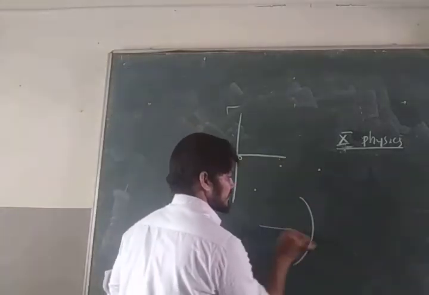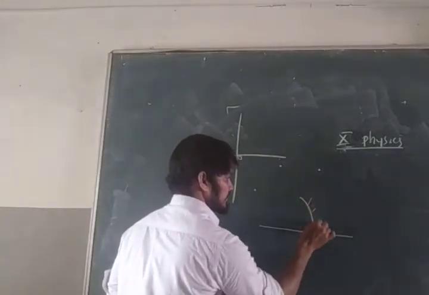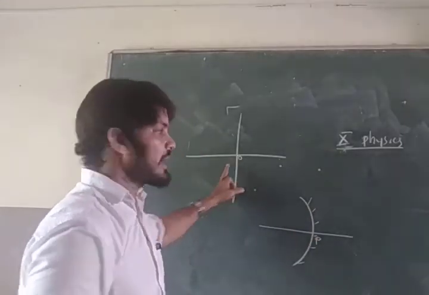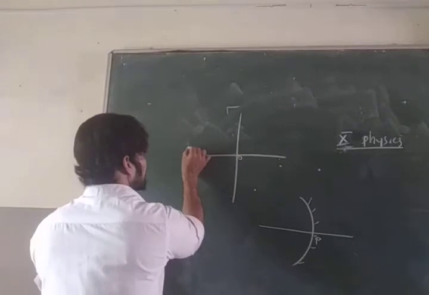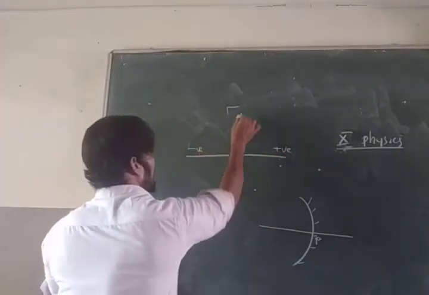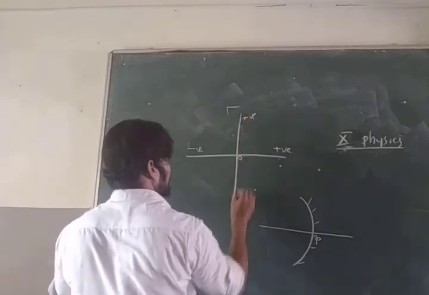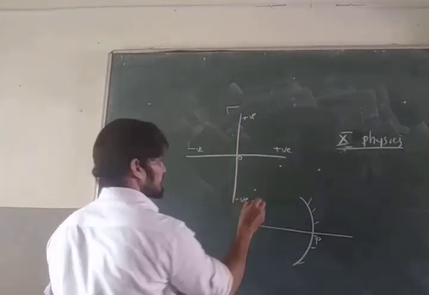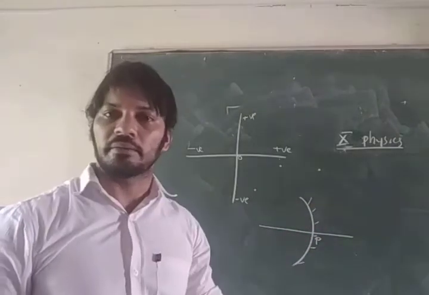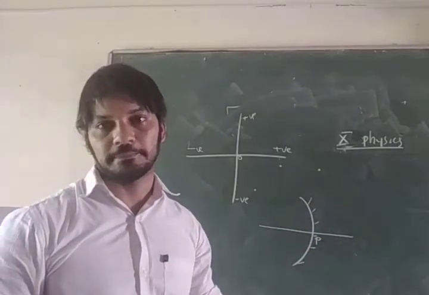The pole is the same as the origin; the left side is negative, the right side is positive, upward is positive, and downward is negative. We are studying the same Cartesian sign convention used in concave and convex mirrors.